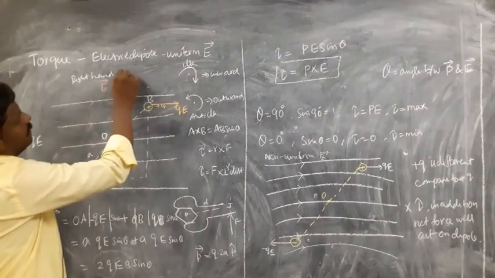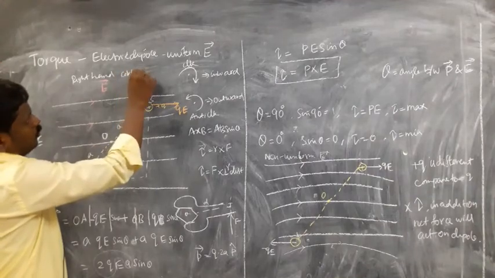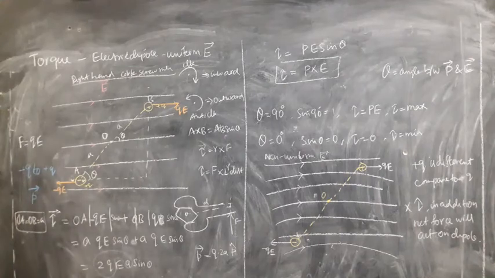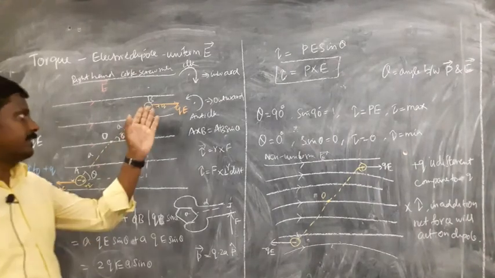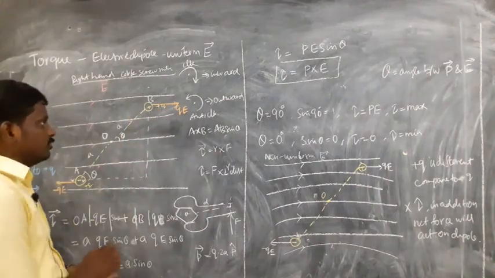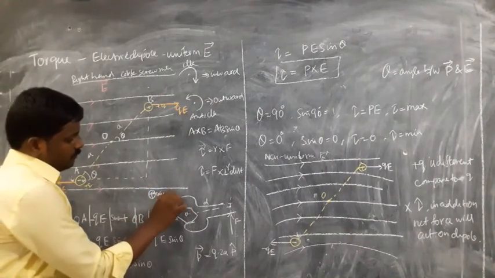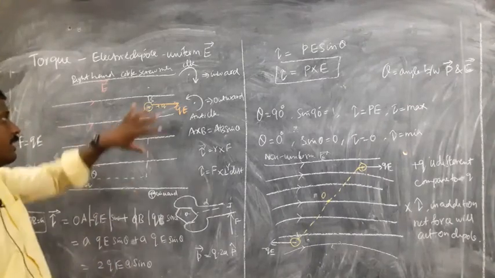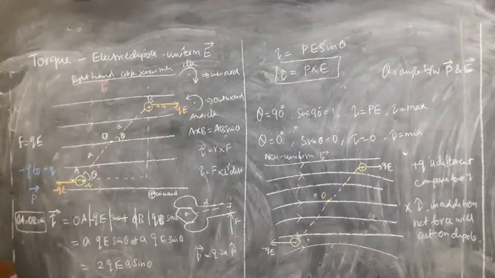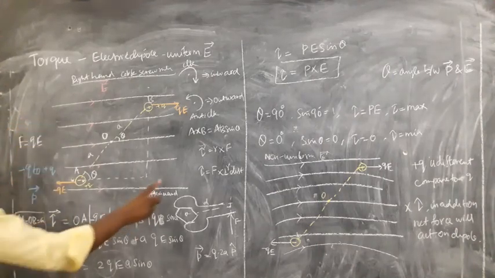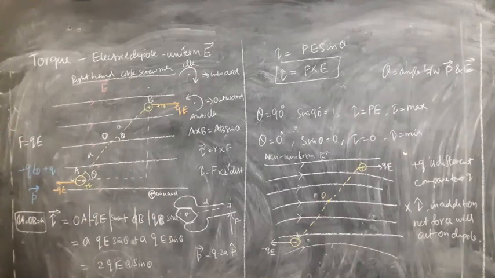It's an extra point. If you rotate in the clockwise direction, it's inward. If it is anti-clockwise, the forces act in these directions, it rotates and comes outward.